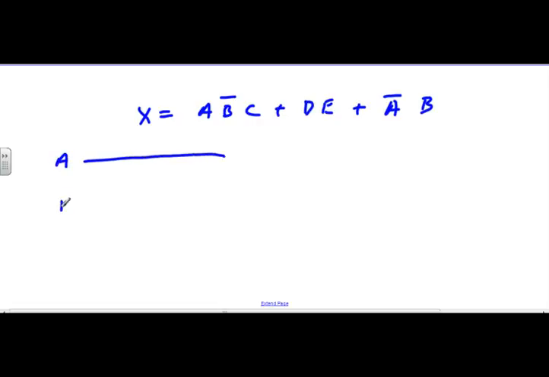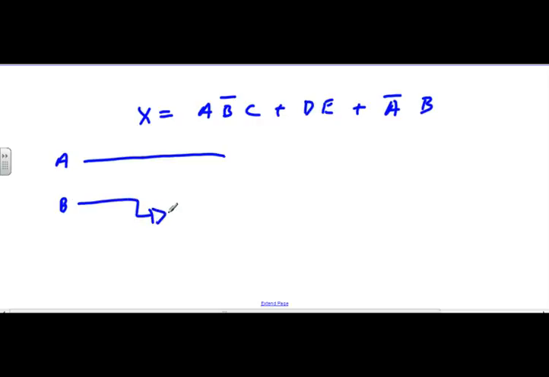I've got x is equal to a, b naught, c, or d, e, or a naught, b. All right. So I've got an a coming this way. I got a b going this way.